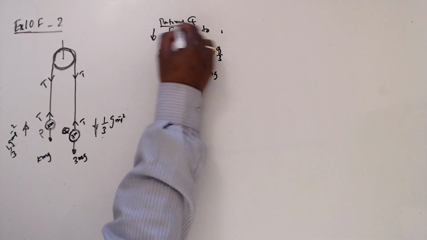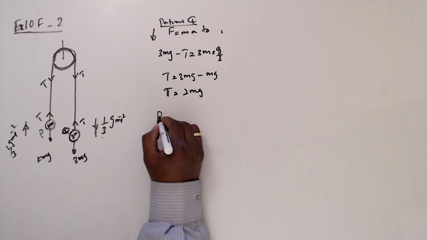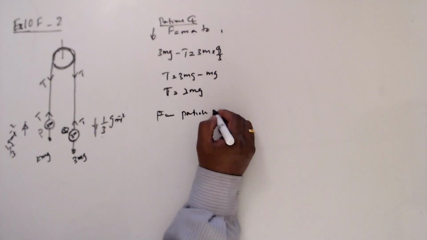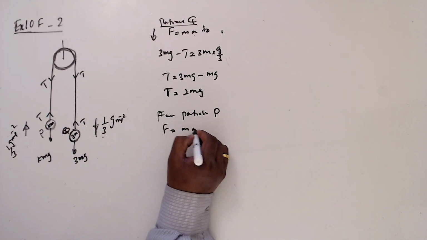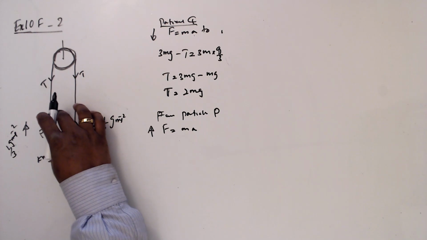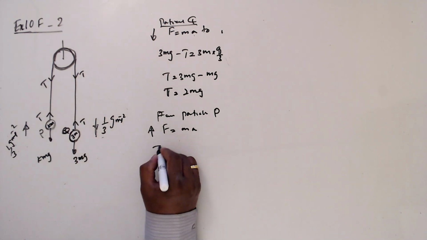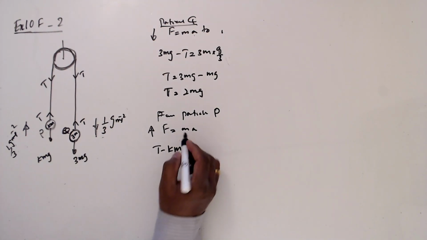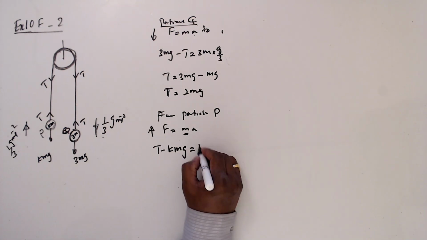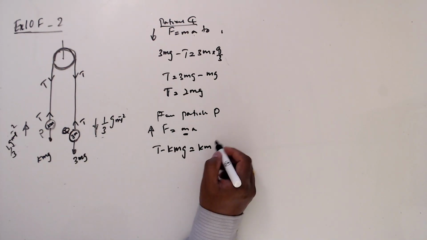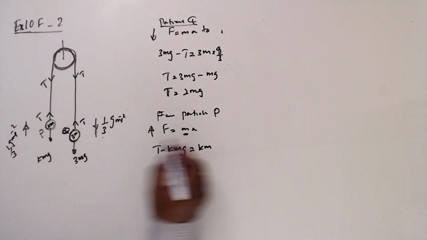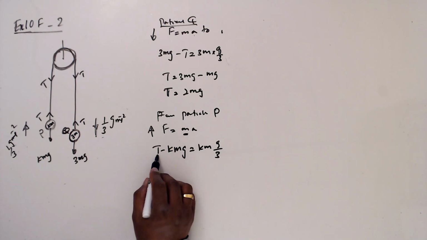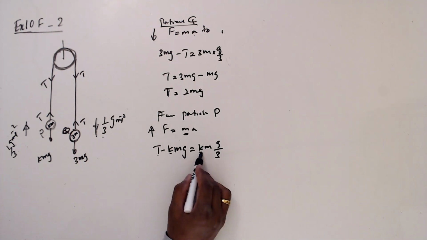And now one more equation is remaining, for particle P. F equals ma upward, then two forces, T and kmg. So T minus kmg equals the mass km times acceleration g over 3. Now T we also know, so the only unknown is k, and we can find k.